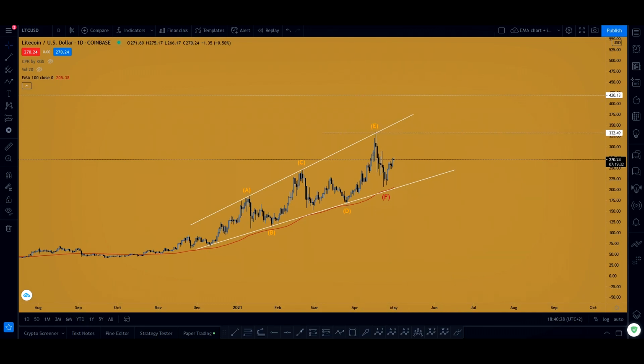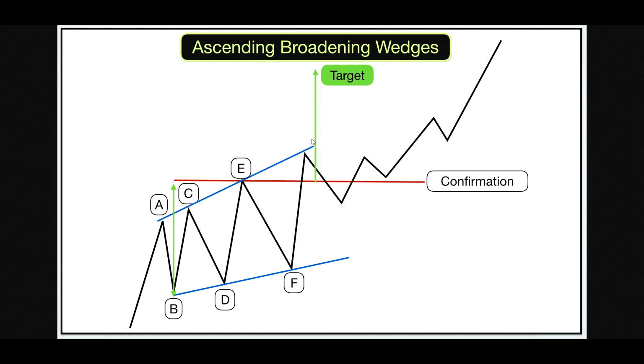What I mean by that is, if you look at this picture, this is an ascending broadening wedge, and as you can see, our wave E is a confirmation. So what we need to do is wait for a break through this wave E, retest that level, and then we continue the trend.